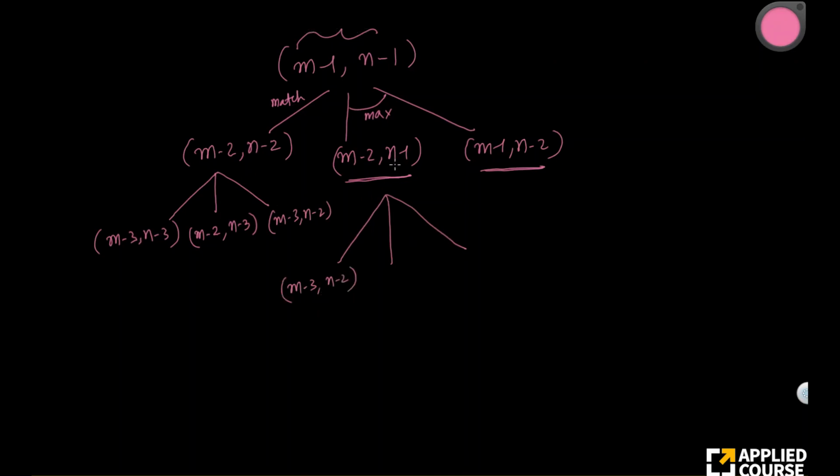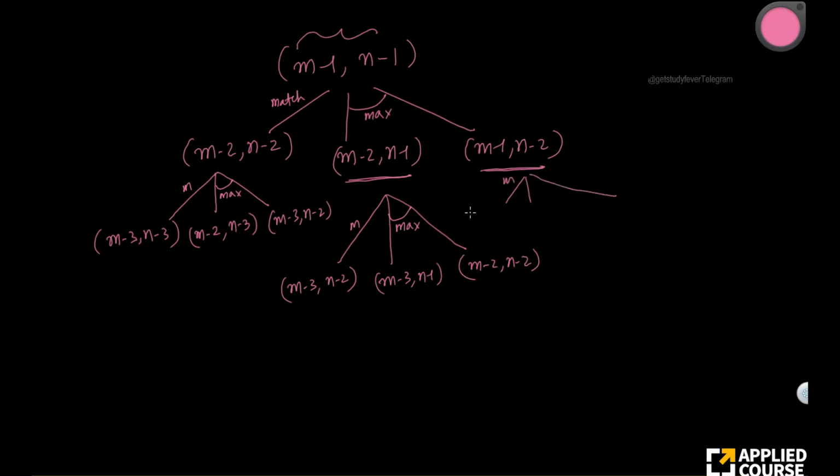That's the first option. If they both match, this is the match case or the max case. There are only 2 cases. Here it becomes M minus 3 and N minus 1, or M minus 2 and N minus 2. Similarly, you can also write this into 3 parts.